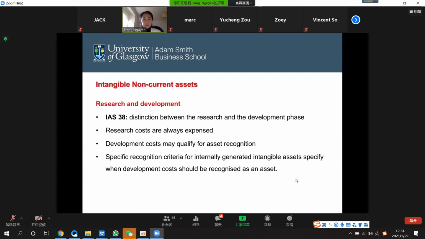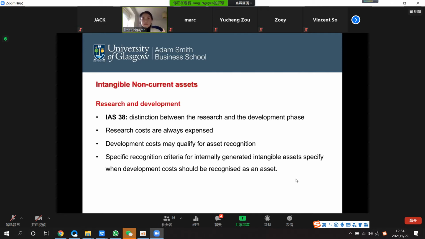So why is it important? As I mentioned, research cost is in one stage and development cost is in another stage, and research cost always needs to be recorded as expenses. However, when moved to the development stage, this development cost will be recorded as an asset. Once it's recorded as an asset, how about when we record research and development on the financial statement?